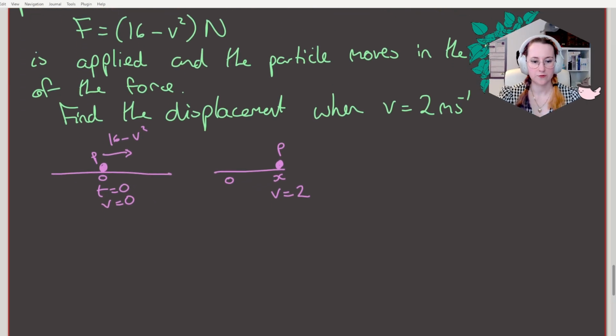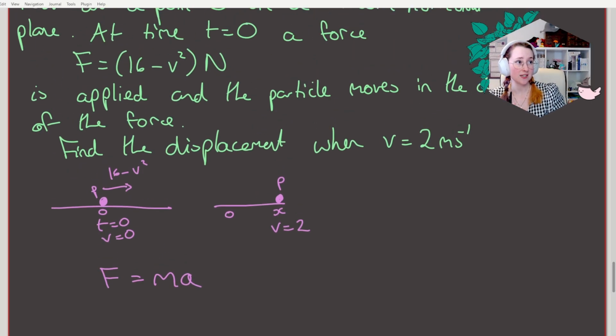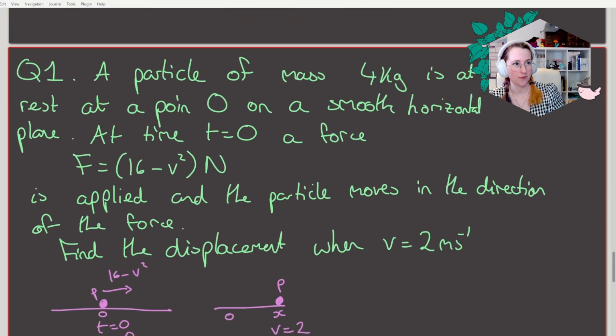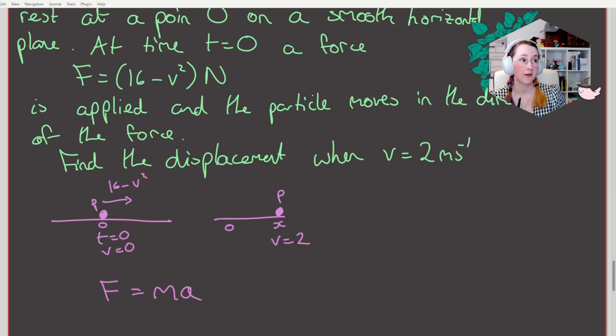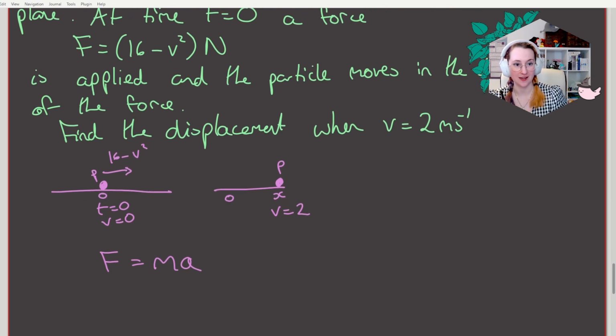So we'll start off using F equals ma. We're given values of velocity and an initial time, but the thing we're told to find is x. So we want there to be a value of x in this.